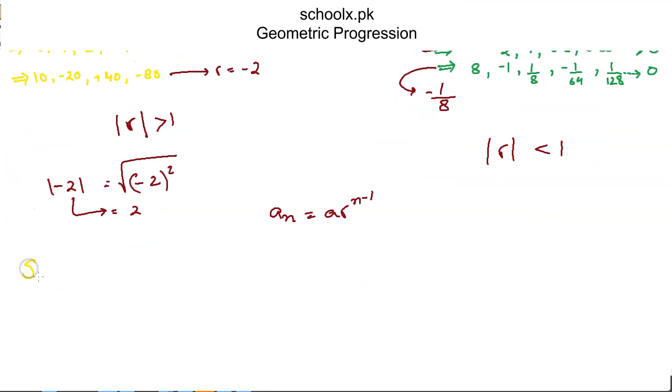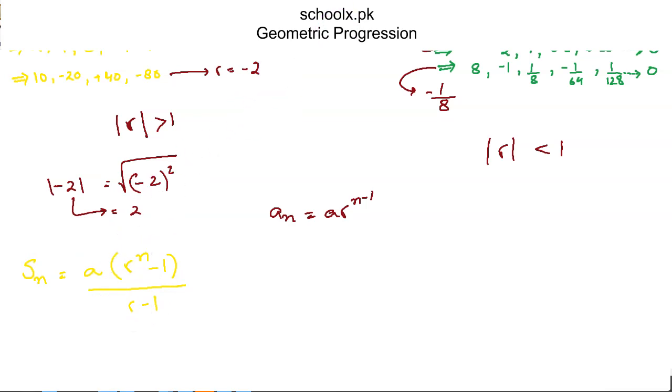If I want to find the sum of n terms, with first term a, r raised to the power n, where n is the number of terms I want to find the series for, minus 1, over r minus 1. This is for the divergent sequence.